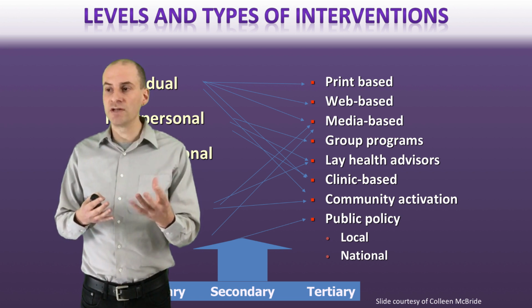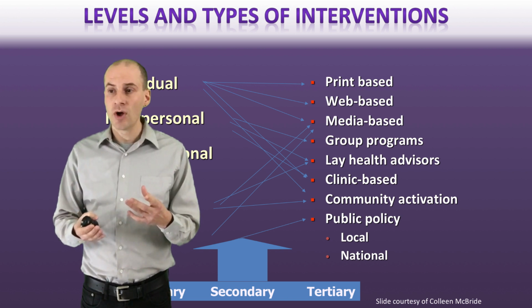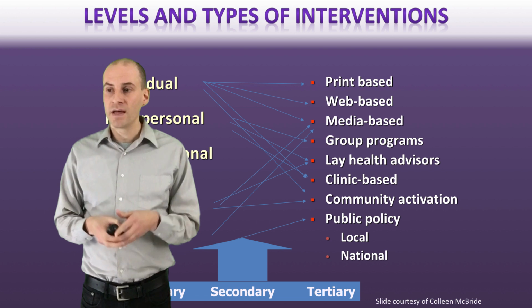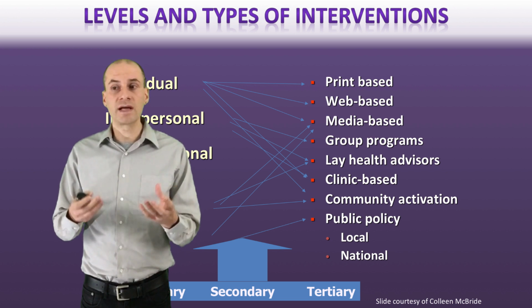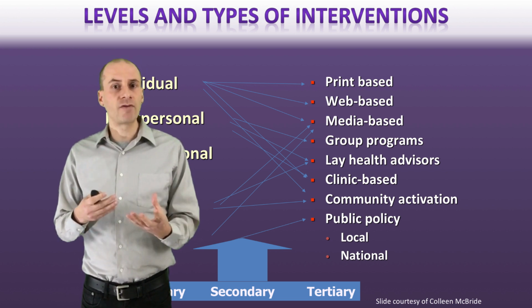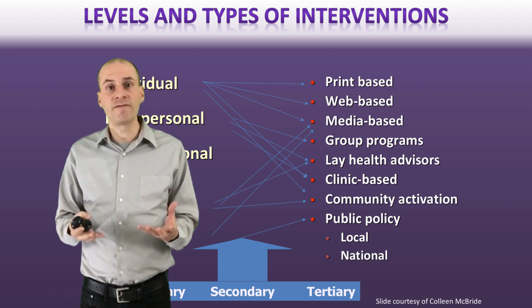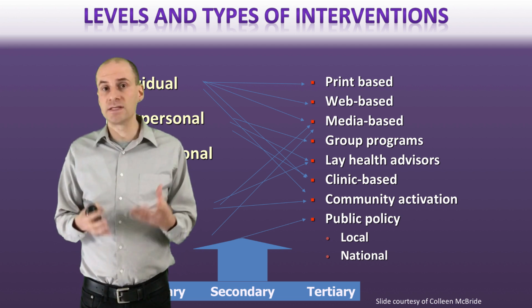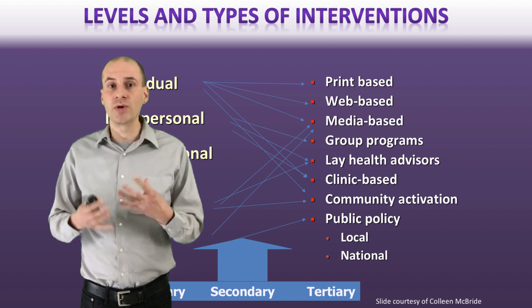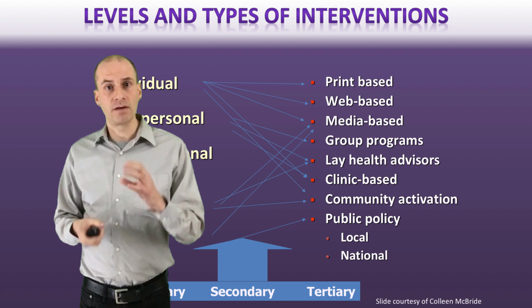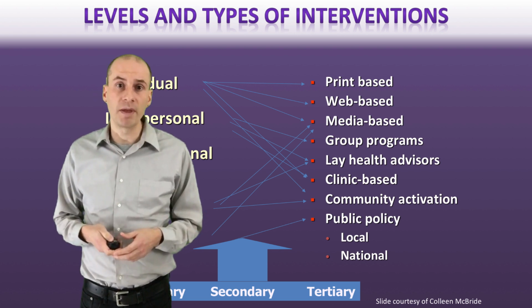You can change individual behavior at a policy level, or you can change individual behavior by handing out a pamphlet. The same thing with communities or looking at societies. So there's a lot of different options when you think about approaching a public health intervention. And that's actually really fantastic, because the world is incredibly complex, and you're going to have to think really carefully and be really smart in order to pick the approach that's going to be most useful for people.